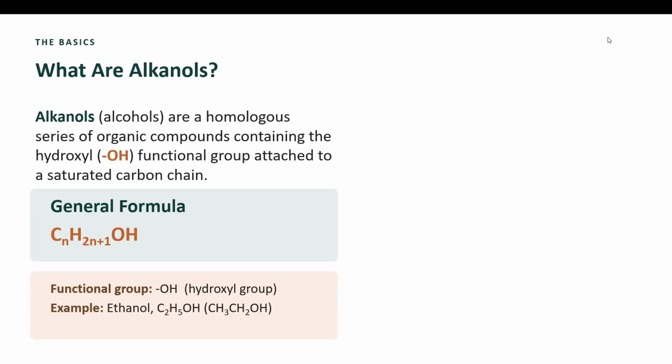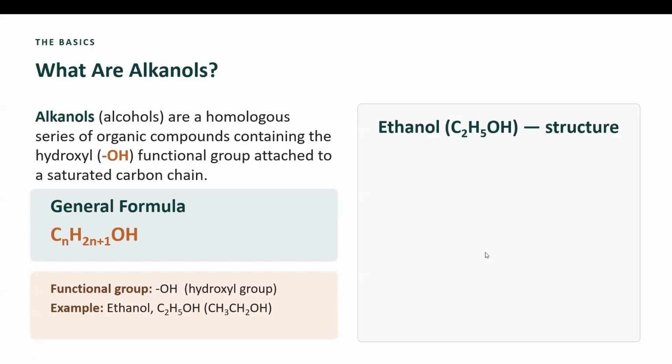If you put 2 in front of carbon and you put 2 times 2, which is 4, plus 1, that will give us 5. That's why we have H5. Then OH, which is the functional group. Now, this is the formula of ethanol once more.